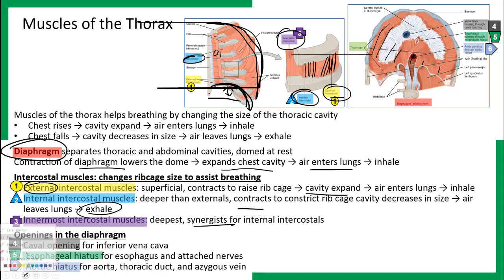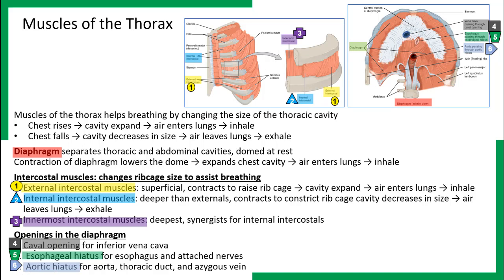If you look at the diagram in the top right-hand corner, this is, as I said, the diagram of the diaphragm from an inferior view from the bottom. And so what you can see over here is that there are a few different openings in the diaphragm, which is normal. So the first opening is the caval opening, which allows the inferior vena cava to pass through. The second one is the esophageal hiatus that allows the esophagus to pass through.